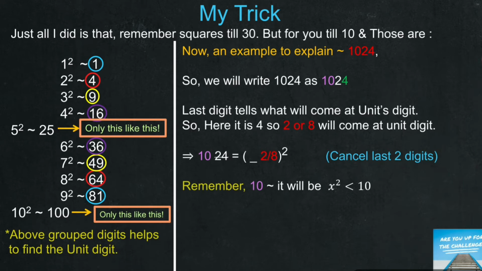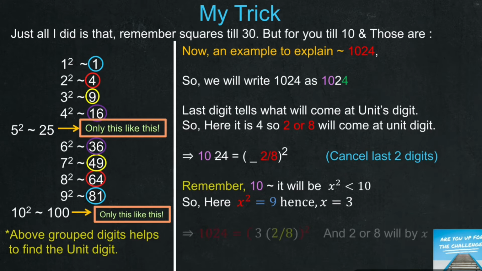So this 10 must be arranged in a certain way that it should be just bigger than a perfect square. So here x square will be 9, so x equals 3. Now this x will come at the tens place over here, that means the square root of 1024 equals something like 32 or 38, that we know, and this 2 or 8 will also be decided by the x only.